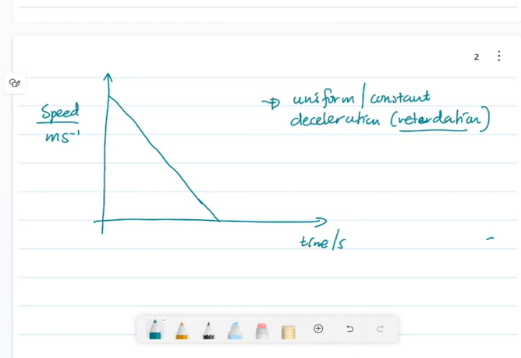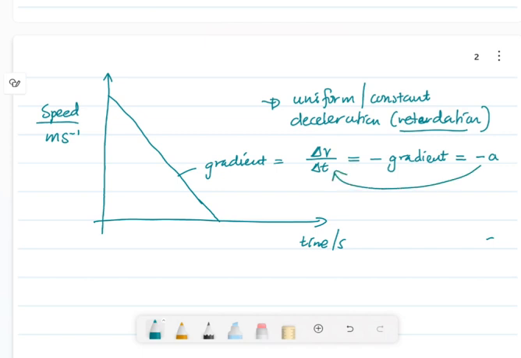We normally use deceleration. If you calculate the gradient of this line, the gradient will be equal to delta V over delta T, and it's going to be a negative gradient. Since it's a negative gradient, that means it's actually negative acceleration, because remember that acceleration is equal to that.